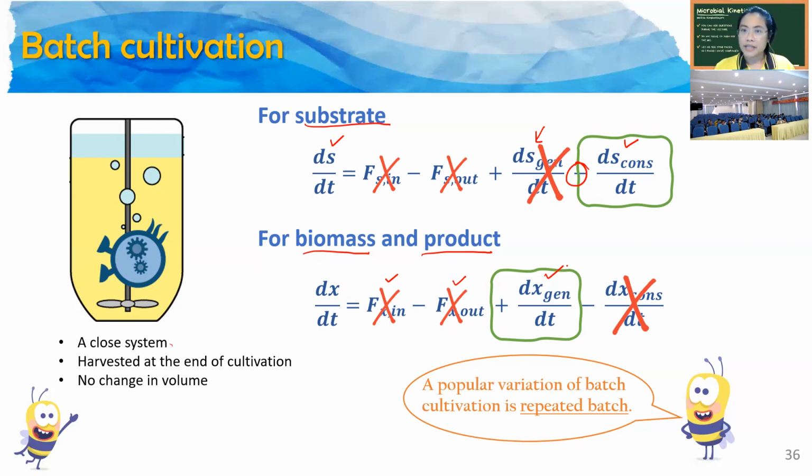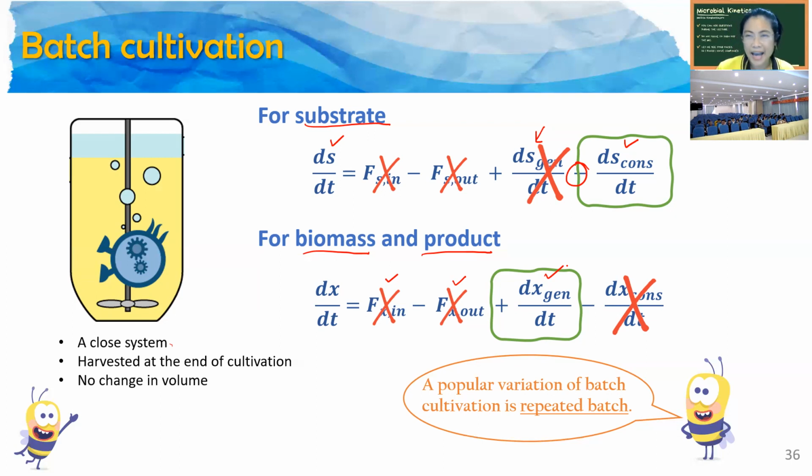And after the fermentation is done in the batch, you harvest it. If you do one batch fermentation, you harvest everything. But in repeated batch, you are harvesting most of the stuff in the fermenter, and you are left with a little bit, like 5% of the content of the fermenter, 10% of the content of the fermenter, and harvesting the rest.